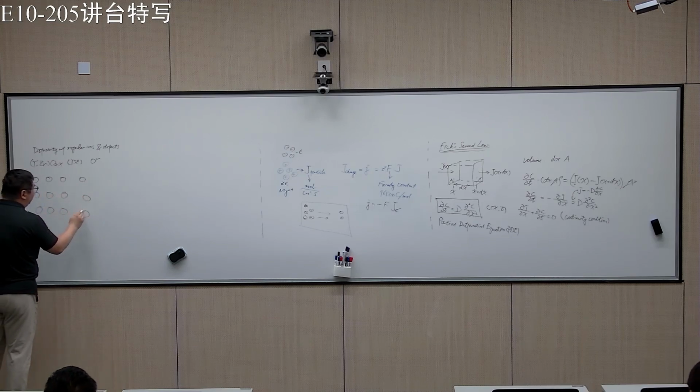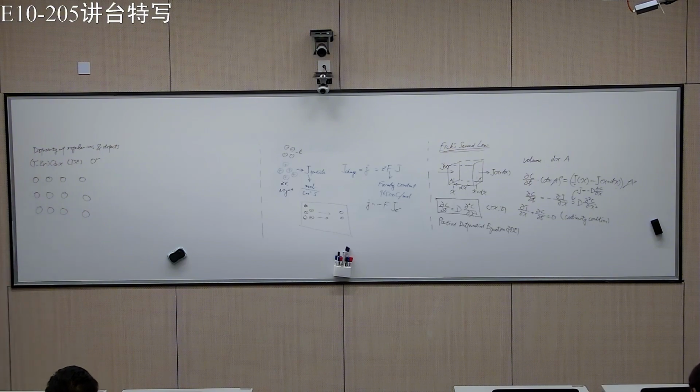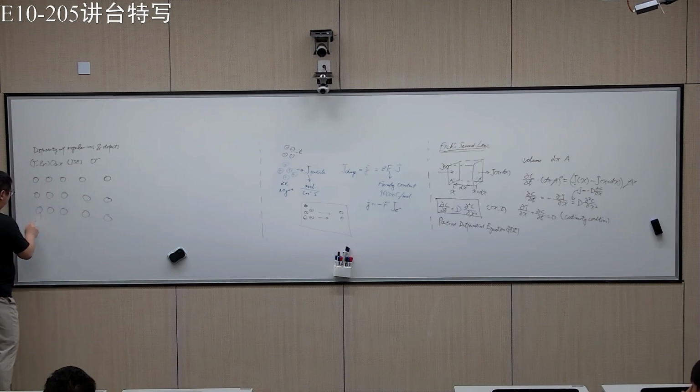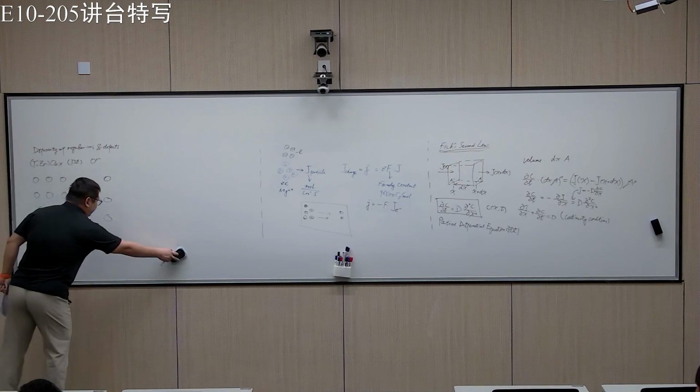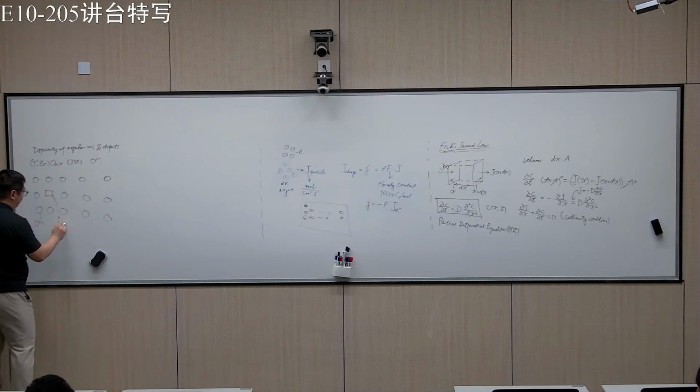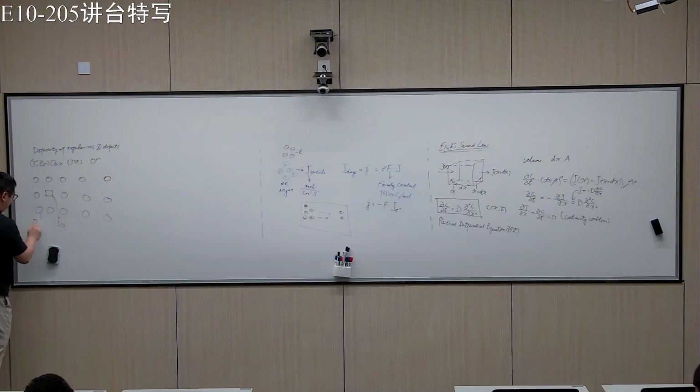Imagine that you have a perfect lattice, let me draw a few more. Each one is an oxygen ion. They cannot really move. The only way that oxygen can move is that you create some vacancy. So if you create the oxygen vacancy, or if I write in the covalent notation, these are large O, oxygen, right?